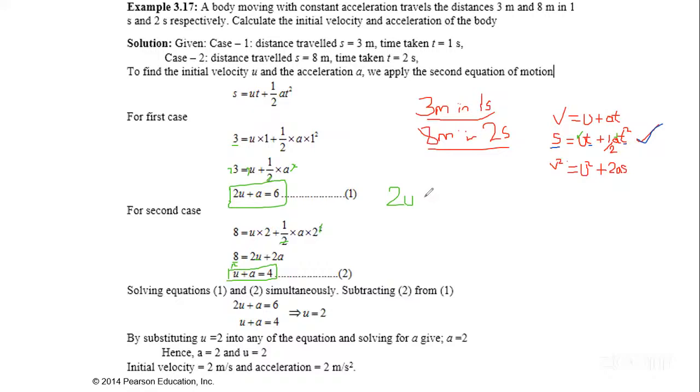Since I said we're using substitution, I will use it. From 2u plus a equals 6, if I move 2u across the equality sign, I will have a is equal to 6 minus 2u.